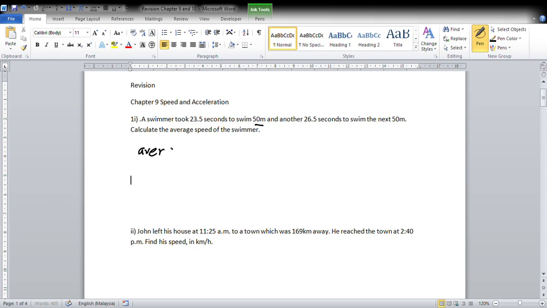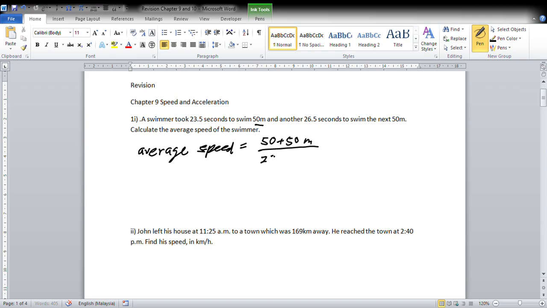So to calculate average speed, we have to find the total distance traveled. For the first part, you travel 50 and the next 50 here. That means the total distance will be 100, divided by the total time taken.